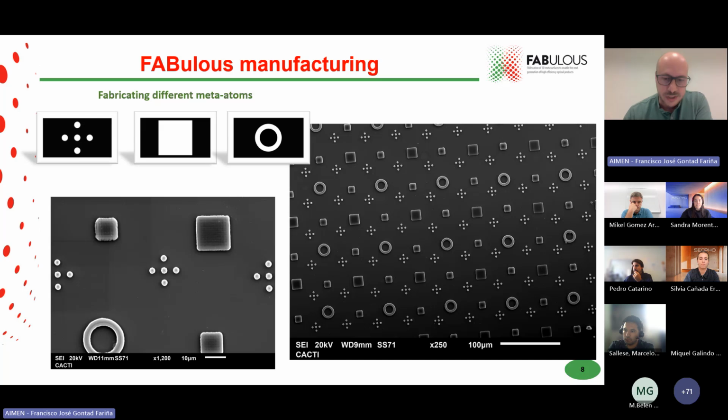So this means that with this approach, we can fabricate the meta-surfaces with a higher throughput, with a very good resolution, with a very good repeatability, which is a very nice result for the industrialization of this technique.